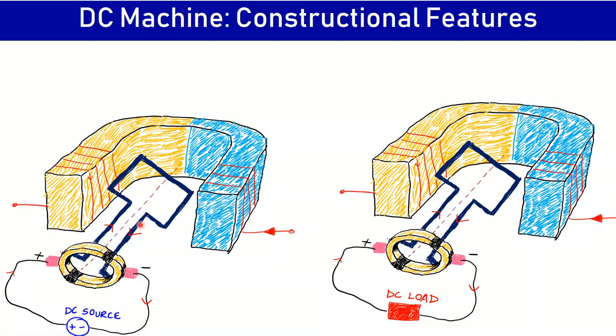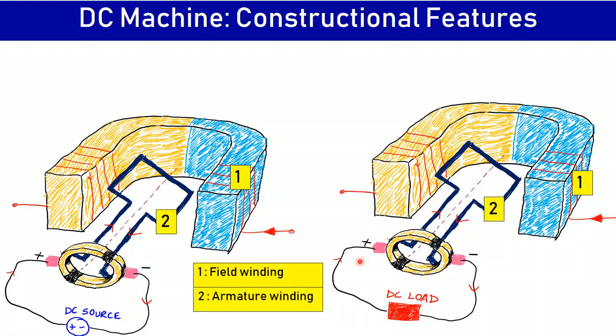We also discussed that there is a coil which rotates and it is known as the armature, and there is a commutator which performs the function of DC to AC conversion in a motor and AC to DC conversion in a generator. So, these are the main parts for both a DC motor and a DC generator: the field winding, the armature winding, and the commutator.